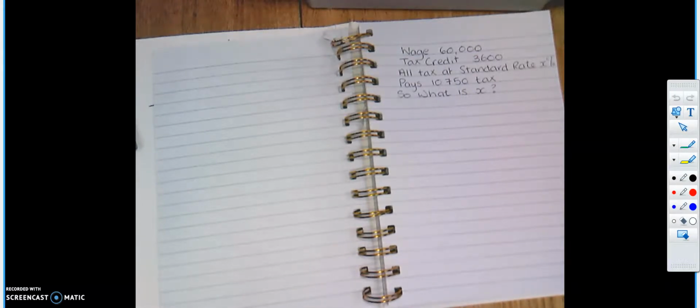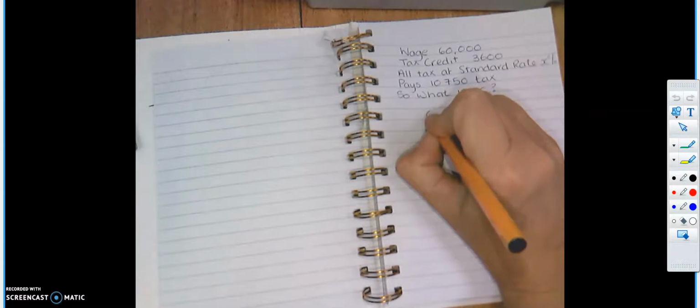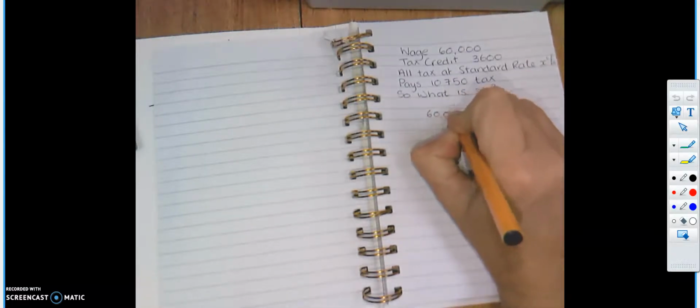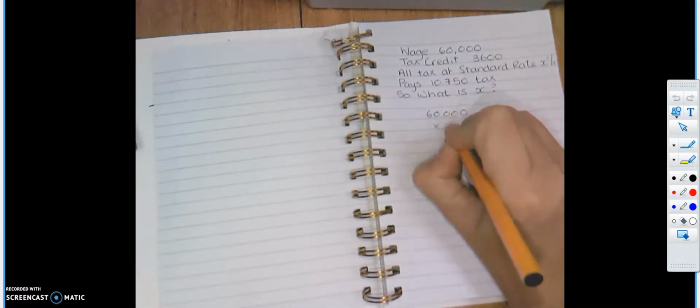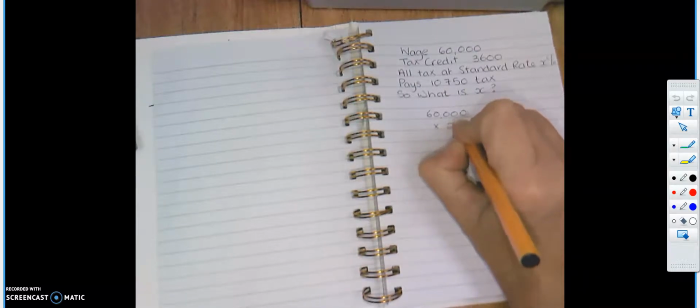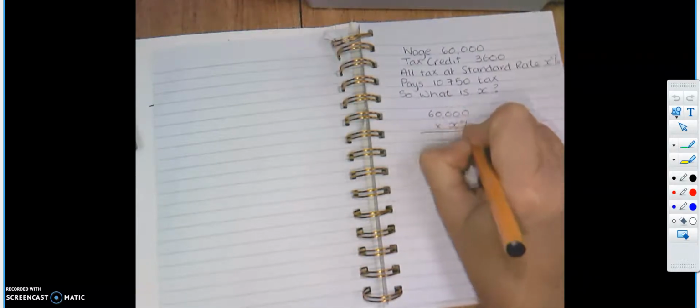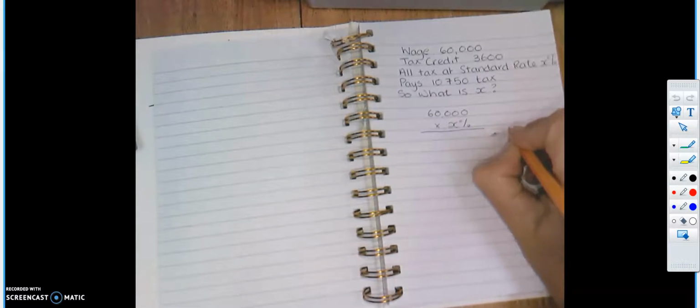Normally what we would do is we would go the wage take away the standard cutoff rate, but there is none of that involved in this. The whole of the wage is taxed at X%. So basically what you have is you've got your 60,000, all of it will be multiplied by your X%, and you would get the gross tax.